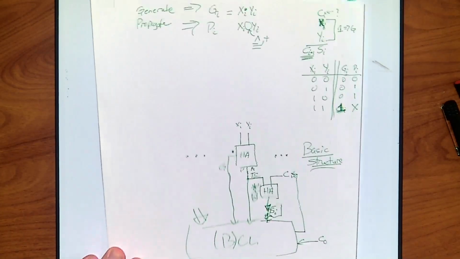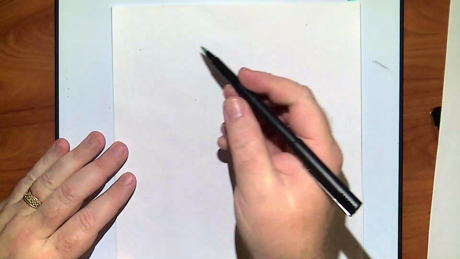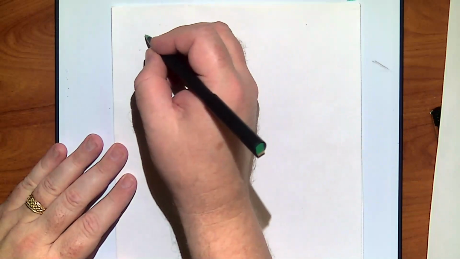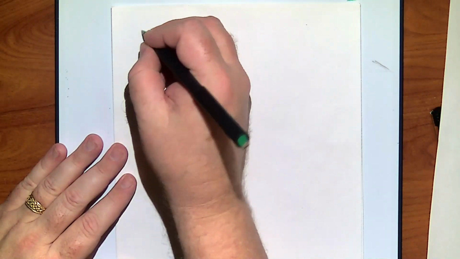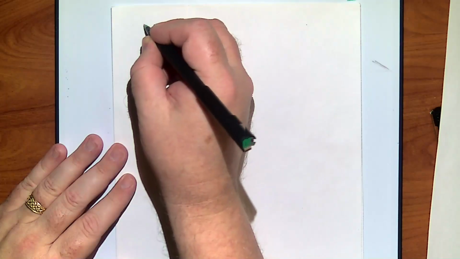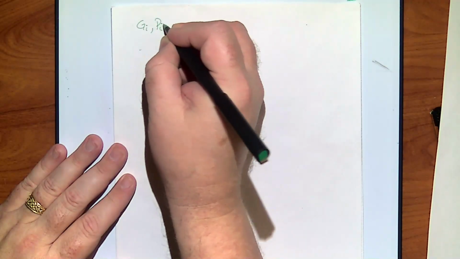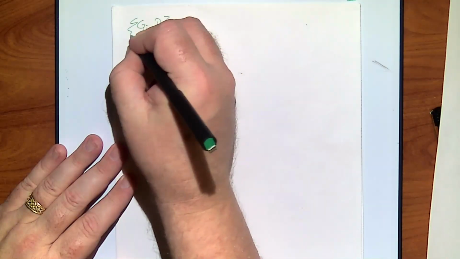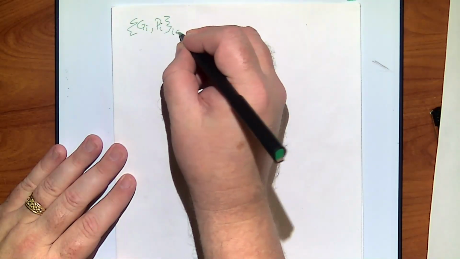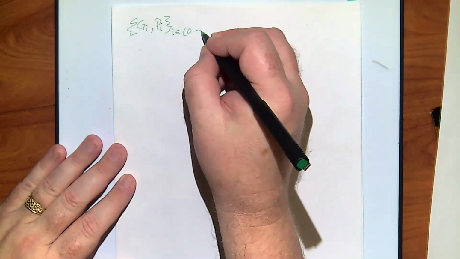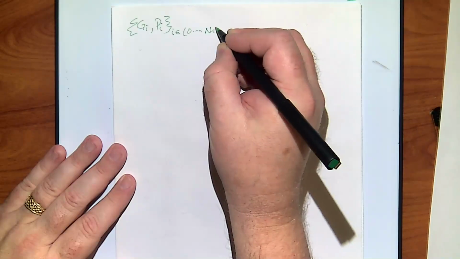So let's spend a little bit of time on the algebra of this. We talked about this a little bit last time, but it's important to be able to specify this more. Let me start by saying I've got a series of Gi's and Pi's coming into me. So this is given. I've got a whole bunch of these for i from 0 all the way up to n minus 1.